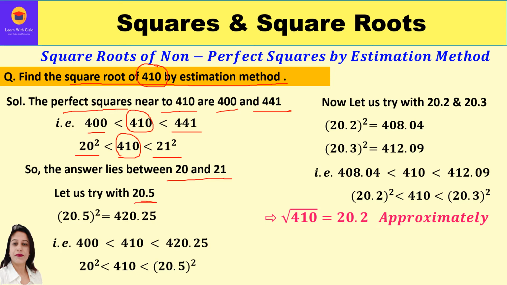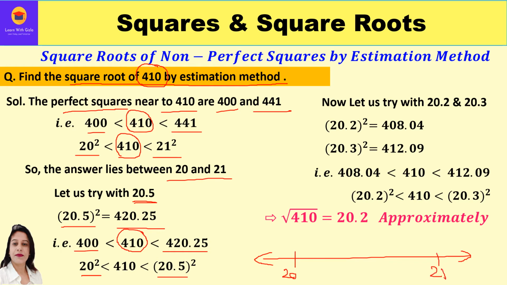Next we can try with 20.5. So 20.5 square is 420.25. Now easily we can say that 410 lies between 400 and 420.25. So we can say it lies between 20 square and 20.5 square. Like on the number line, if you observe over here, suppose over here I say it is 20 and over here I say it is 21. 21 square is 441 and 20 square is 400.